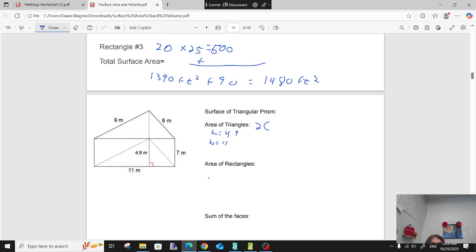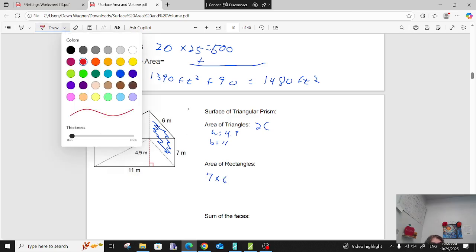Okay, the rectangles are all different shapes, aren't they? You have this rectangle over here. What's this one? 7 by 6. I'm going to change colors because that sometimes helps people see it.